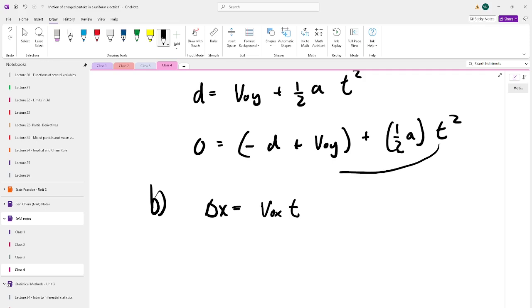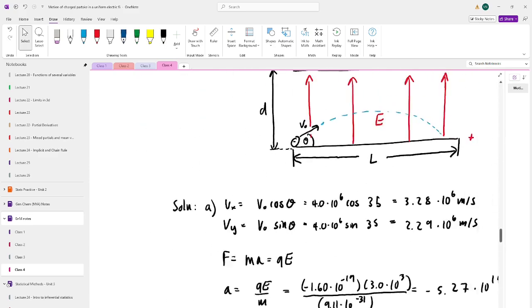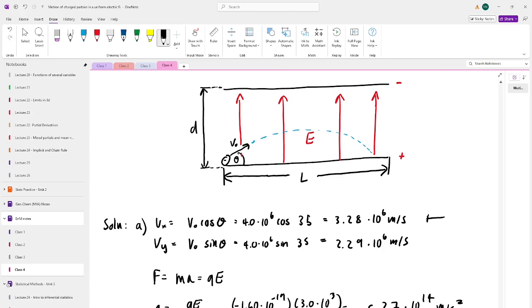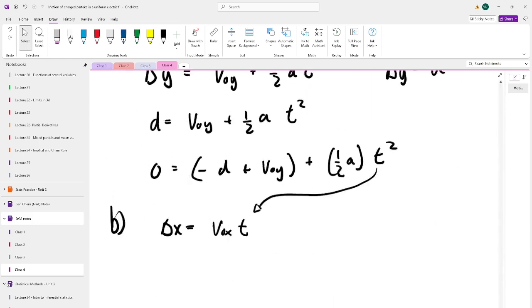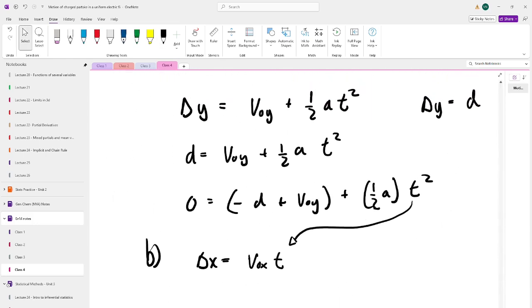And we had solved for the time over here, so we could just use that same value, multiply it by the initial speed in the x, which we calculated at the very beginning over here, and then you would plug those two things in and get a value for delta x, and that would be how far it's traveled before it strikes the lower plate.